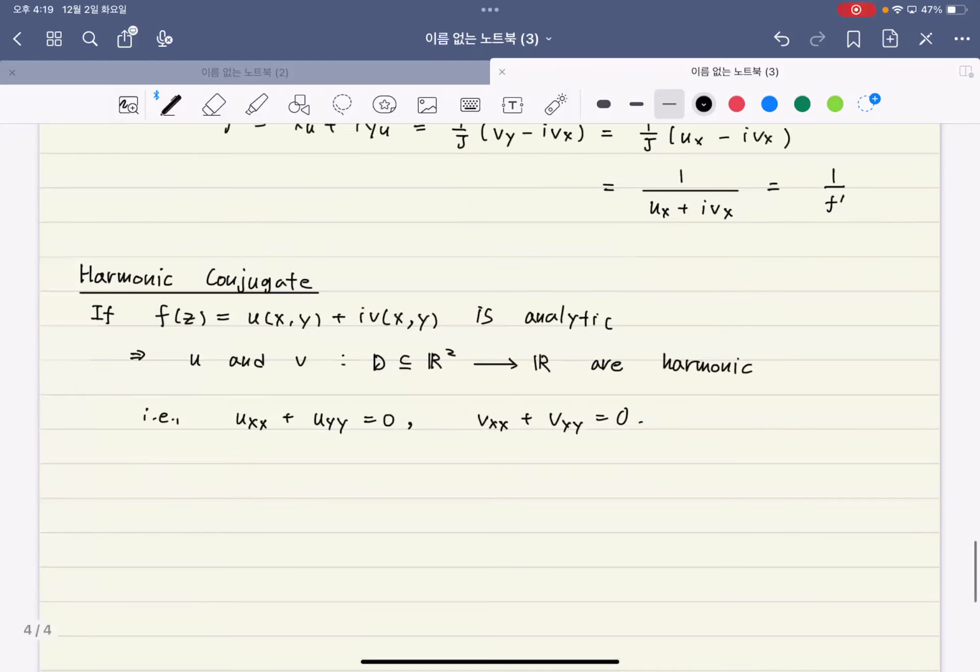So what is the harmonic conjugate? I have two harmonic functions.